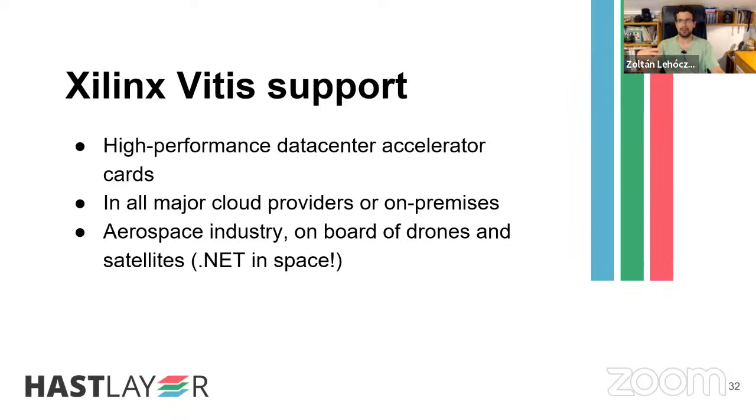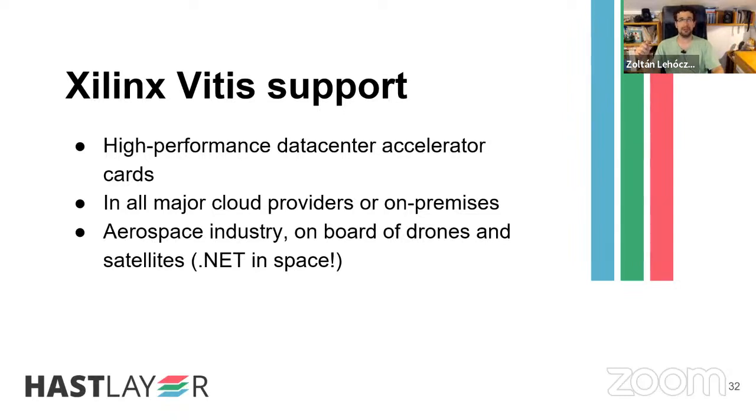Vitis basically helps you support multiple FPGAs with the same code. This is a huge thing in the FPGA world, because we as .NET developers are used to writing our code, compiling it, and then running it pretty much anywhere. Or since .NET Core, that anywhere includes almost anywhere indeed.